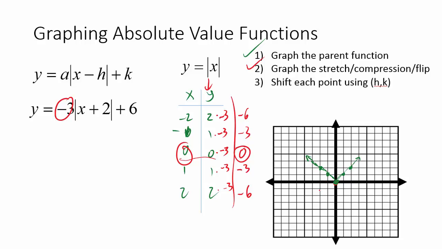We have -2, -1, 2, 3, 4, 5, and 6. We've got -1 and -3, which would be right here. We've got +1, -3, and we've got 2, -6. So you can see that this actually flipped the graph upside down. So this is what we call a flip, and then we stretched it too. So it got tall and skinny.